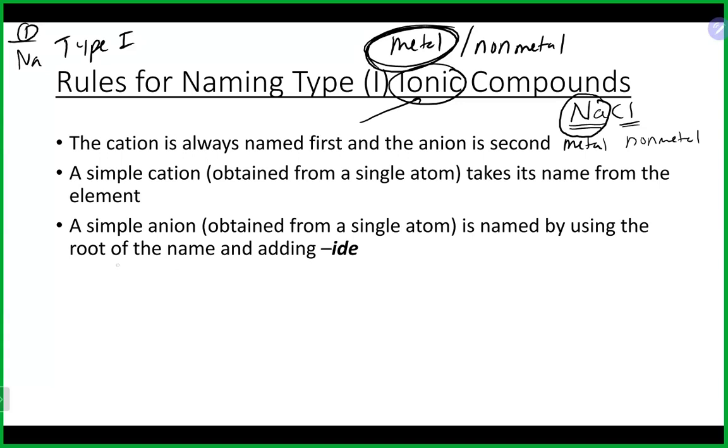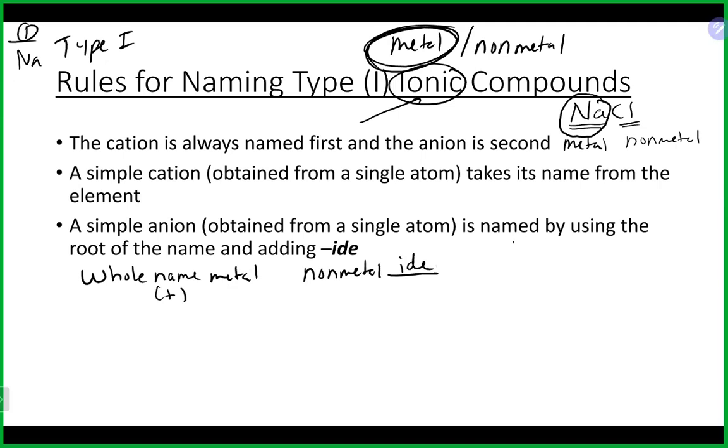The way that we name a type 1 compound is we use the whole name of the metal, the positive guy. And the nonmetal gets the IDE treatment at the end. That's it.